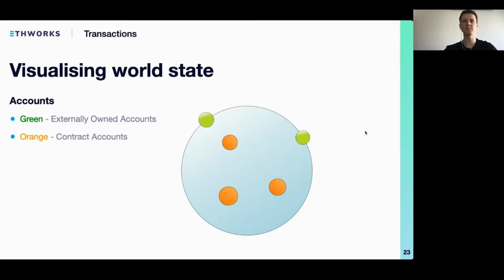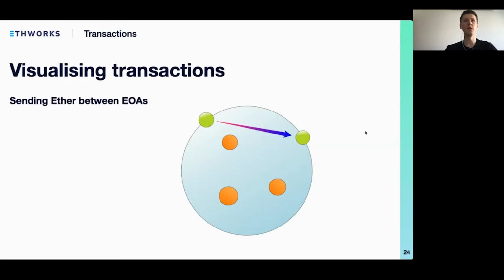Only the green circles can be entry points to the system. So you have different types of transactions. The first type is a normal Ether transfer between two externally owned accounts, just like a transfer of Bitcoin between two accounts in the case of Bitcoin.